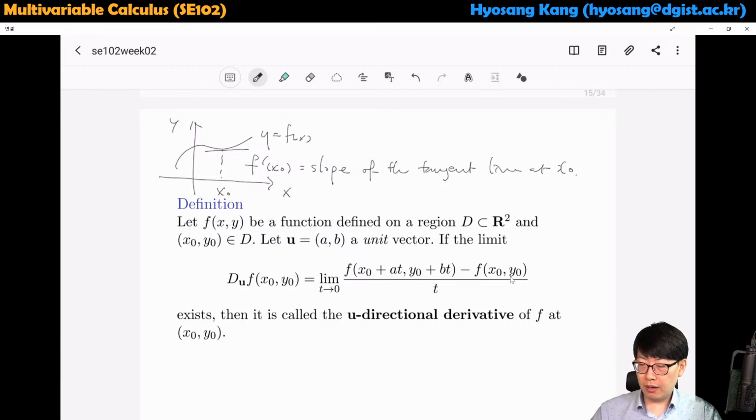And there are other problems. If you don't have a function like z equals f of x, y, then the graph of a multivariable function is somewhat weird, not just a surface. It could be a parametric curve or other things, like a three-dimensional object in four-dimensional space.